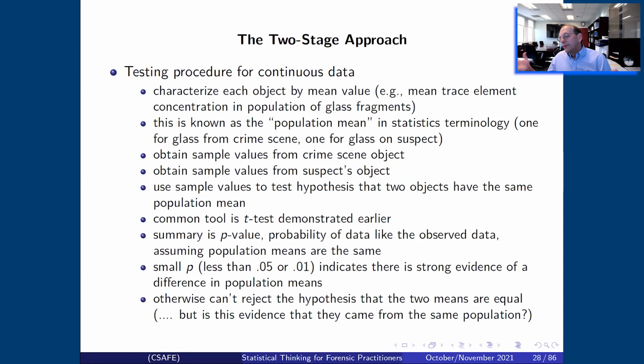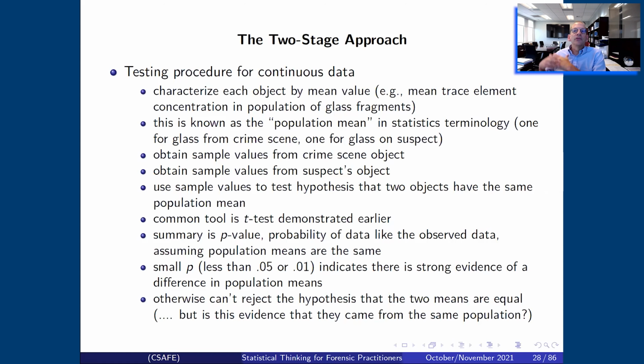I'm not going to go through this slide in great detail. It's intended as a slide to remind you, those who were here last week, that the first step, the similarity, is basically a statistical test. That is, we have samples from a crime scene and a suspect. Think about a window at the crime scene. We have a bunch of fragments. We think about them as representing the crime scene window. We find a suspect. They have glass fragments on their sweater.